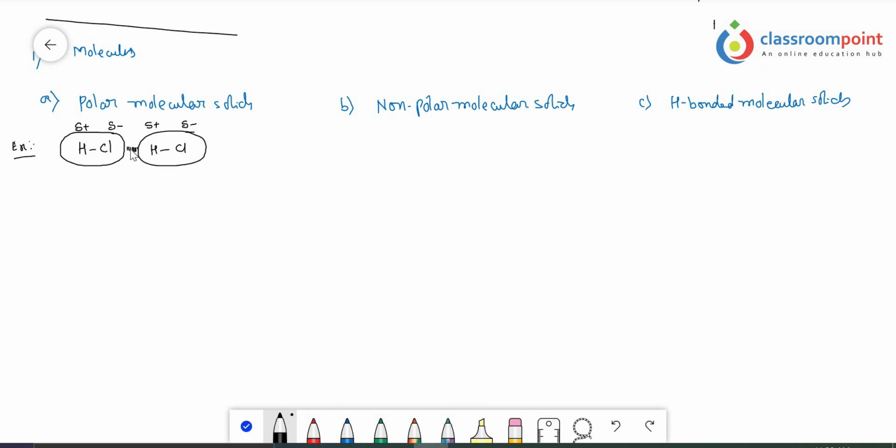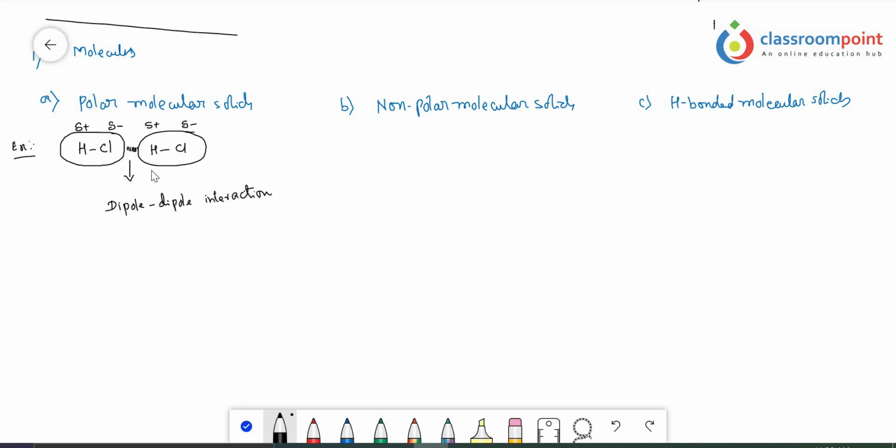The attraction force that arises between the two dipoles is called dipole-dipole interaction, or else we can call it dipole-dipole attraction.